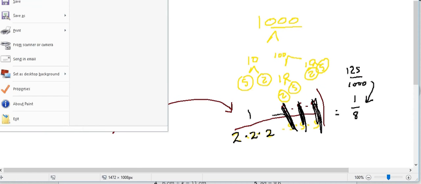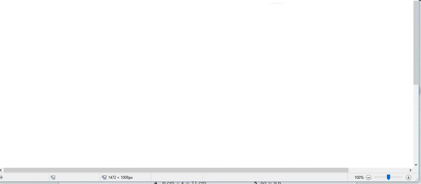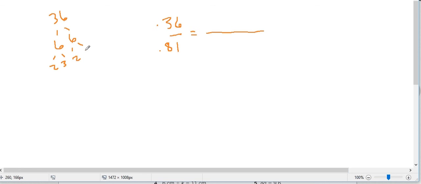36 over 81. A little bit smaller numbers, not multiples of 5 this time. 36 over 81 are my terms, the numerator and the denominator. So we break up 36 into, maybe you could do this without the factor tree, 6 times 6 is 2 times 3 times 2 times 3.